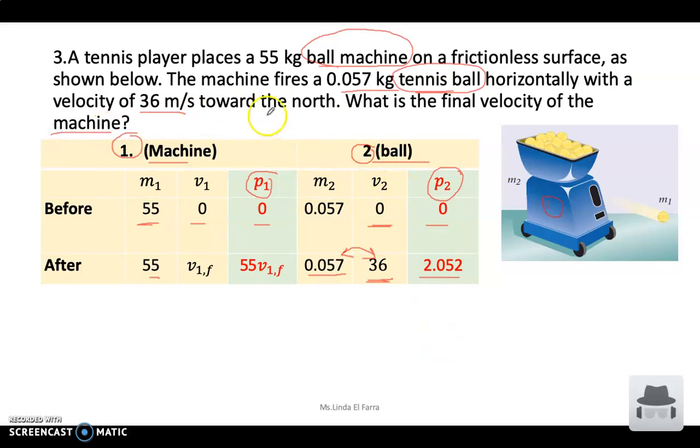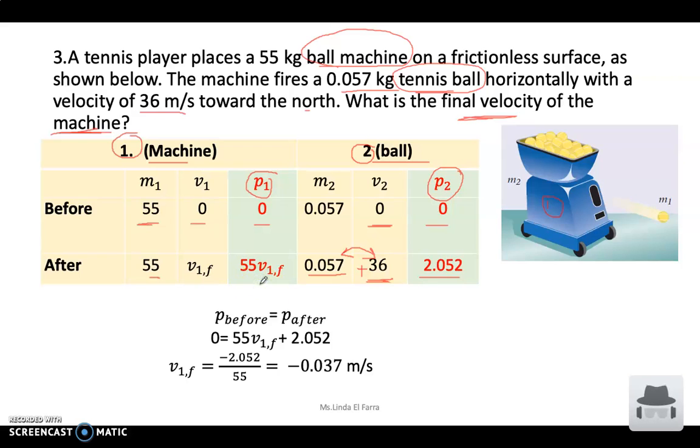Now I need to know the final velocity of the machine. Of course, don't forget the direction. North means positive. That's why I didn't put any sign, it's positive. What is the final velocity of the machine? The machine is object 1, which means I need to calculate V1 final. After I fill out my table, I need to apply the conservation of momentum. So I write down the formula, P before equals P after.